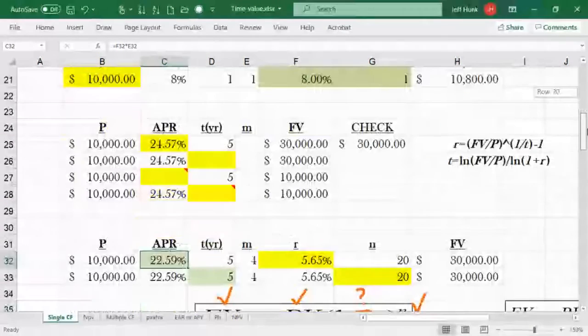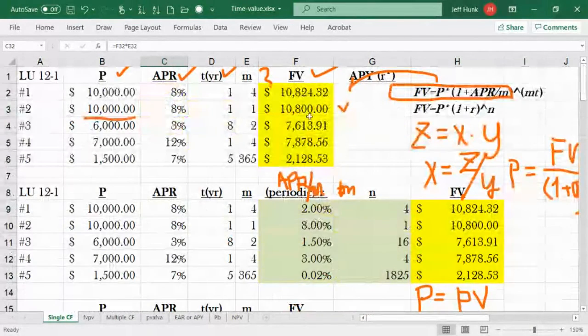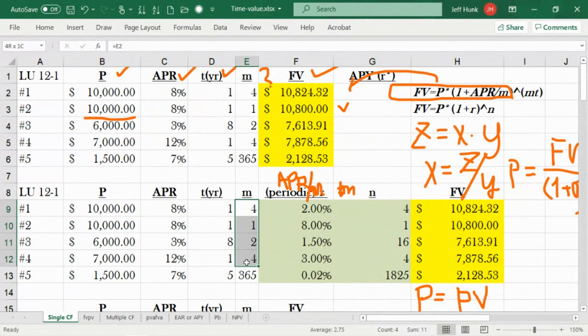Hannah, do you understand? Because think about it. Look, when we had compounding frequency, here it is quarterly, right? Annual, semi-annual, quarterly, daily.